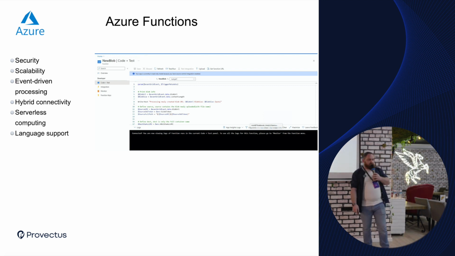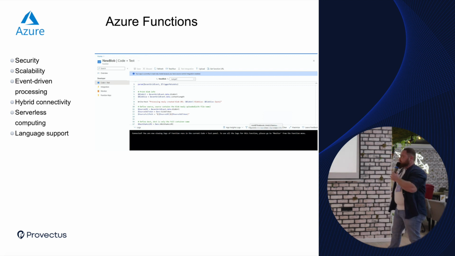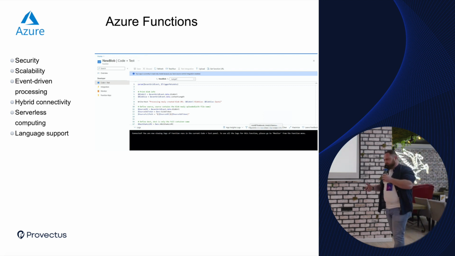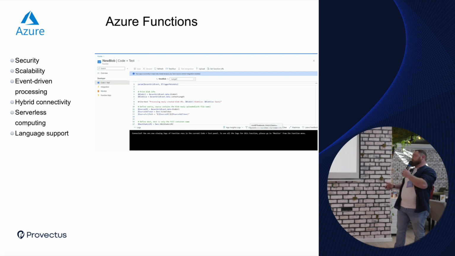The next one I want to talk about is Azure SQL. Azure SQL is the service for relational databases provided by Azure. It's one of the best tools again from Azure. It is also secure. It is scalable. It can be integrated with various systems, starting from Azure Active Directory for security, ending with some data analytics tools where you can keep your data.